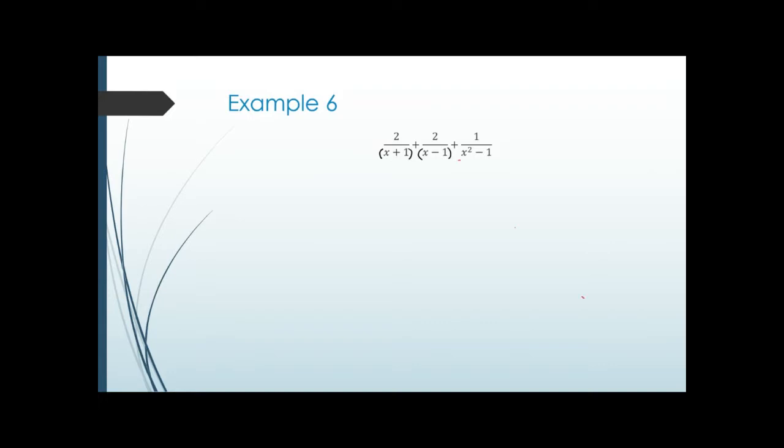Anytime you have something squared, you have to factor that. This is another difference of 2 squares. This factors to x plus 1, x minus 1. So I'm going to rewrite what I have. I have 2 over x plus 1 plus 2 over x minus 1 plus 1 over x plus 1, x minus 1.